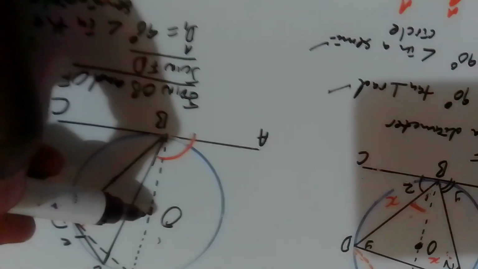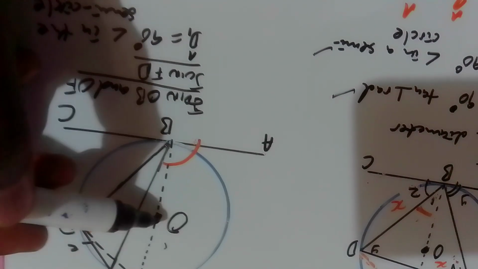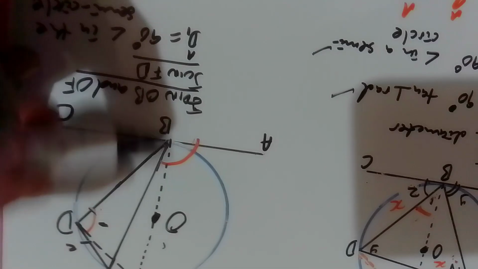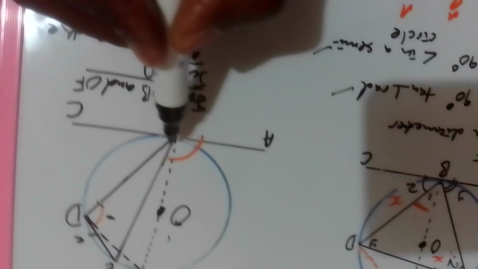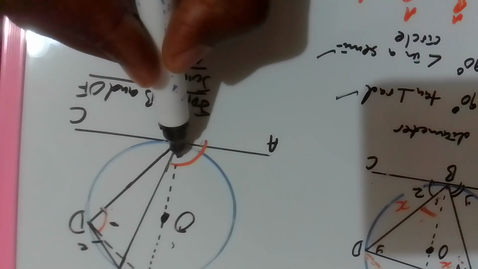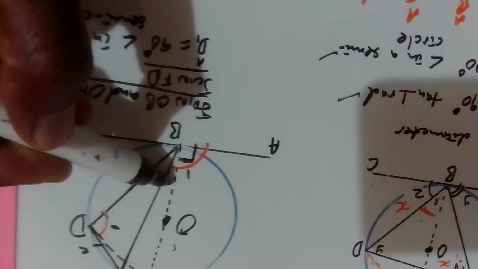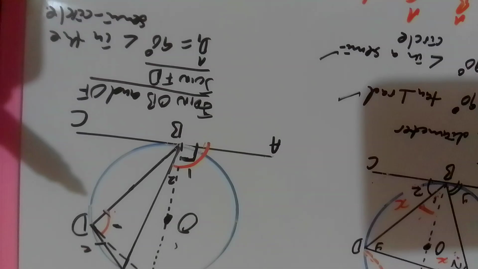But remember, here where I have the center and I joined OB, what happens? This broken line that I have here, I created 90 degrees there. So let me call it B1, and the smaller angle, I call it B2.